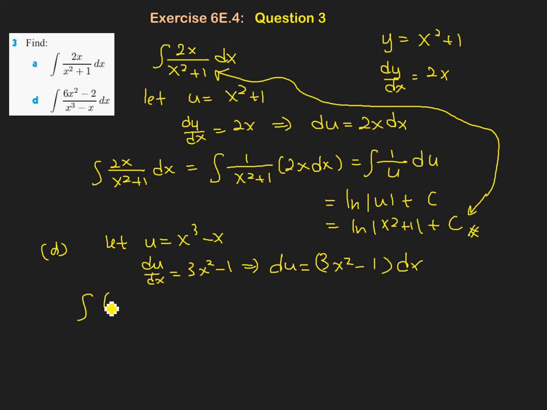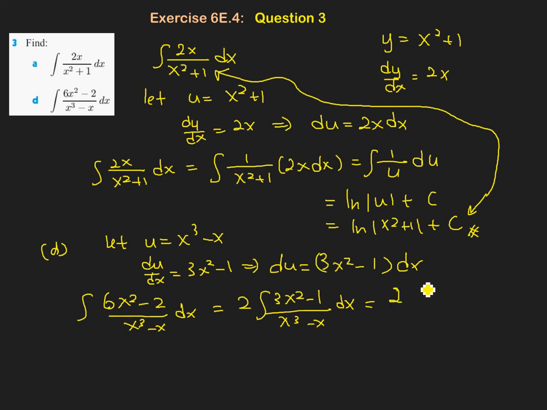Okay, and I chose to substitute x cubed minus x by u. And I factor out the 2 for a good reason. See, this 2 is still going to be there, but the 3x squared minus 1 dx is in fact du.